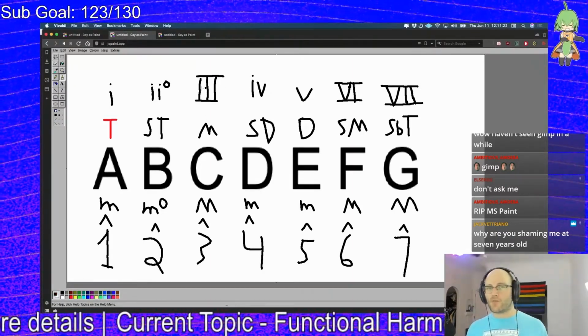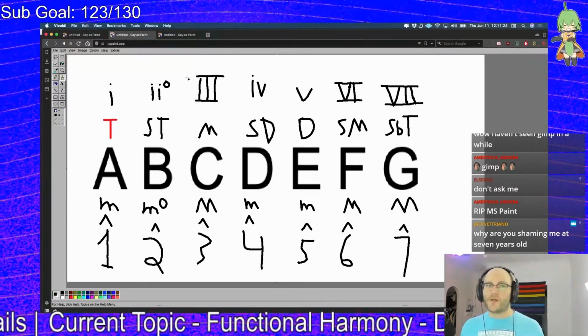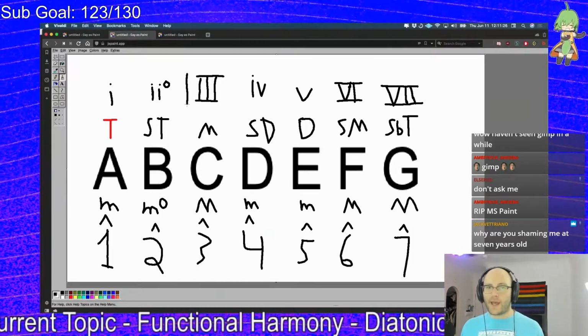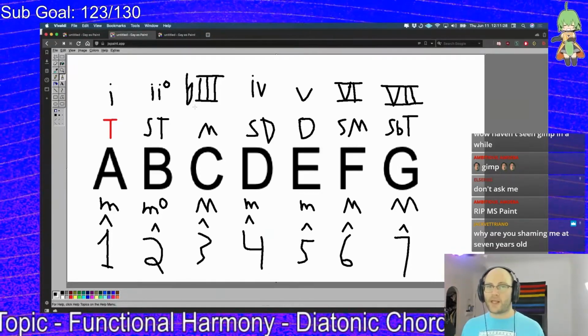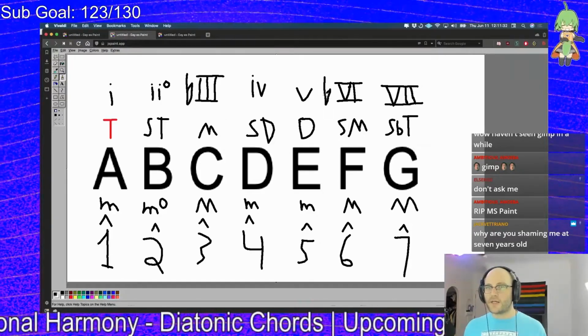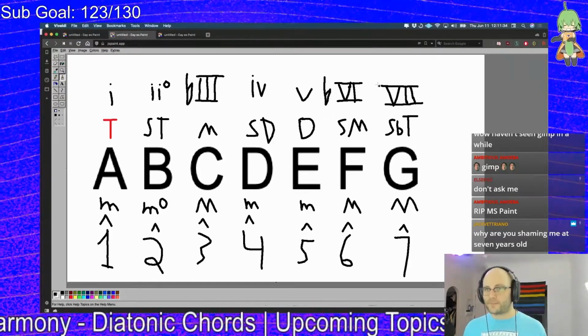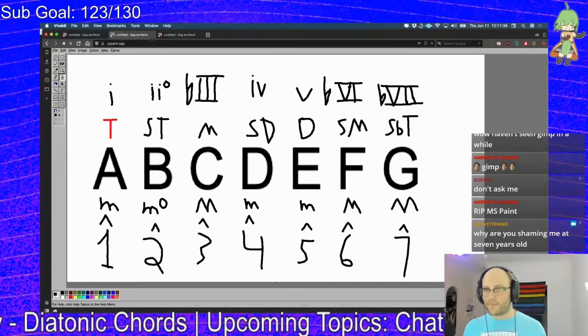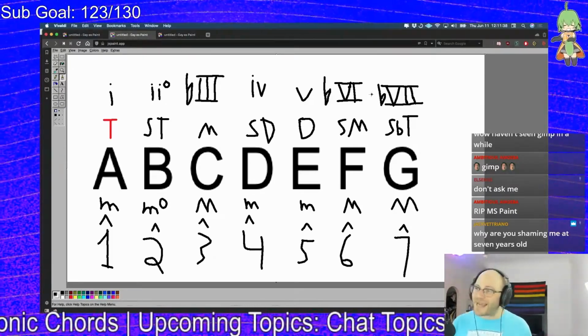Instead of just seeing the Roman numeral capital 3, you'll see this as a capital 3 with a lowercase b before the 3, the 6, and the 7. These little lowercase b's, the flat symbol.